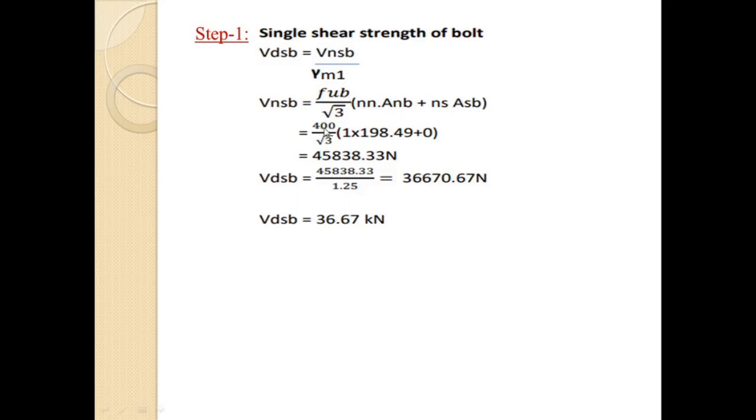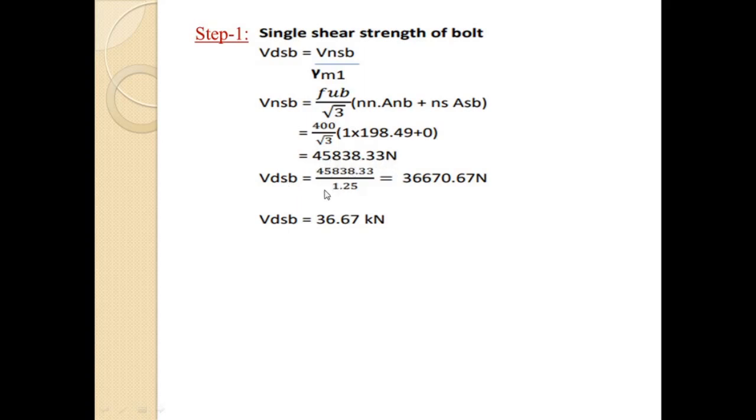FUB is 400 divided by root 3, NN is equal to 1, and ANB we calculated previously, that is 198.49. So after solving this, we get VNSB equal to 45,838.33 Newton, that is 45.83 kilonewton.